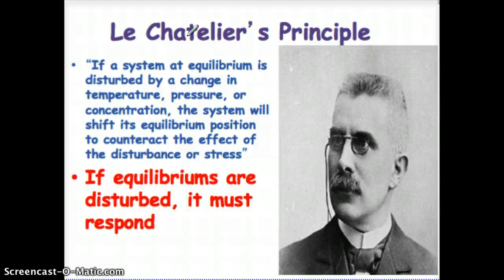It basically means that if there's a reaction that's at equilibrium and you disturb it somehow, it's going to change. For example, it summarizes it in the red wording of this slide: if equilibriums are disturbed, the reaction will respond.